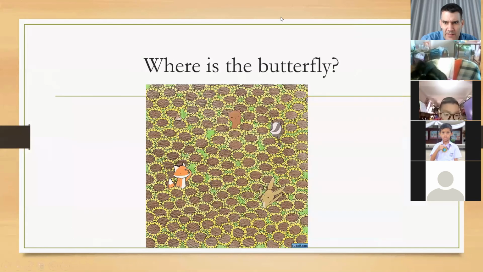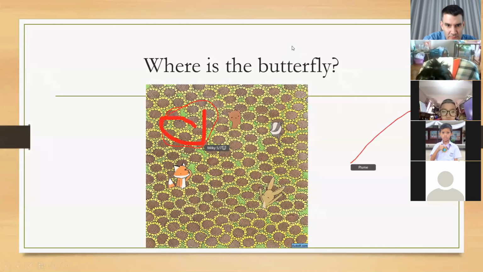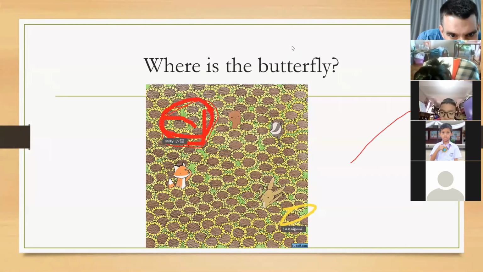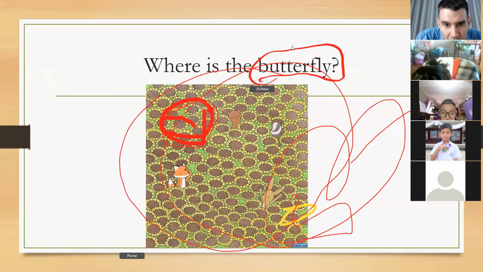Oh yes, where is the butterfly? Can you find the butterfly? Where is the butterfly? Where is it?